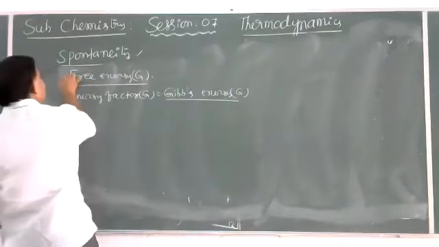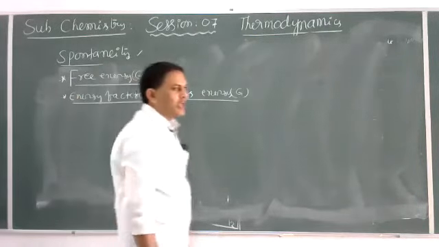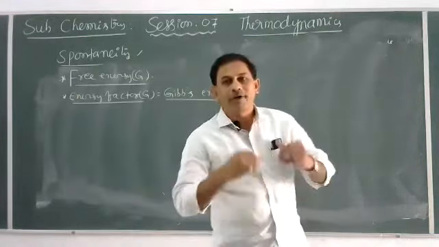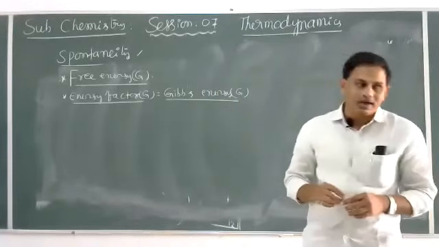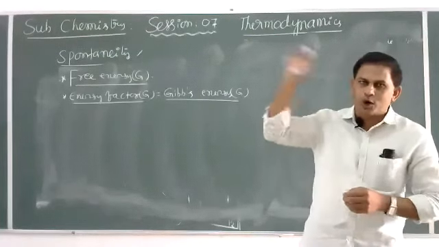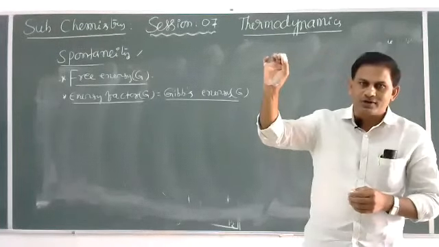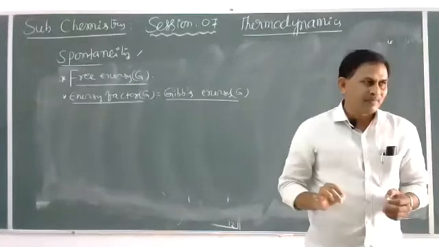So here the free energy, or Gibbs energy, is the amount of energy required to do useful work. Useful work means, for example, to throw the chalk piece, some amount of energy is required from me. That is useful work.